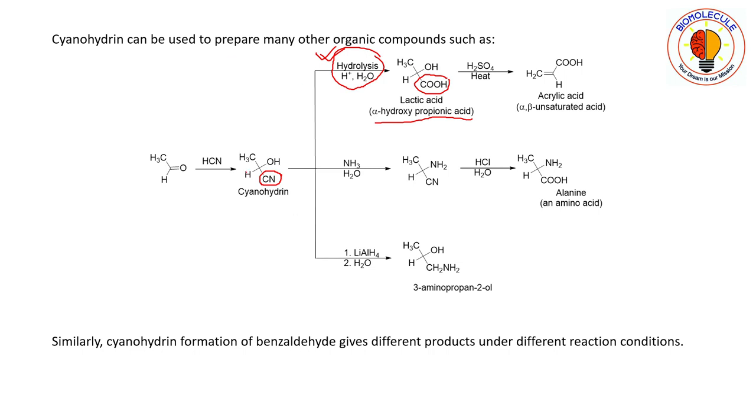So if we hydrolyze the cyanide group, it gives us a carboxylic acid. Further heating it with H2SO4 will give us acrylic acid. What happens is that from this CH3, one proton forms a double bond and OH leaves.